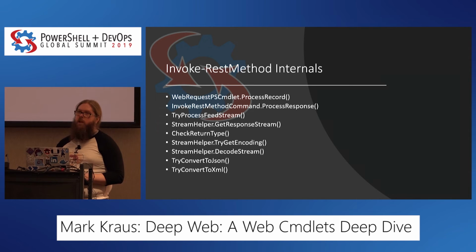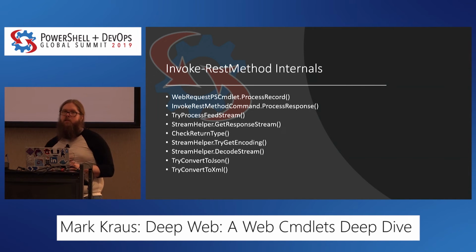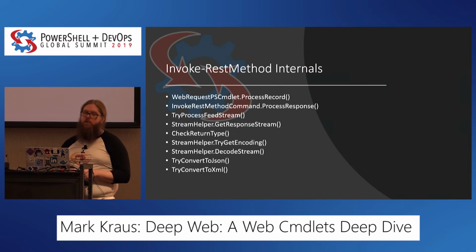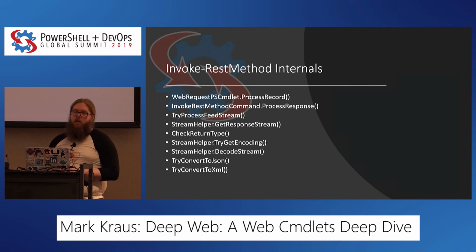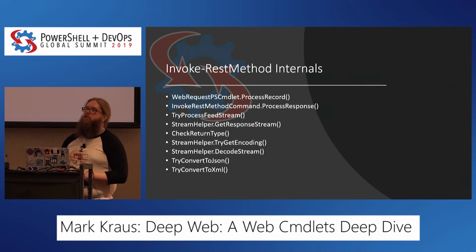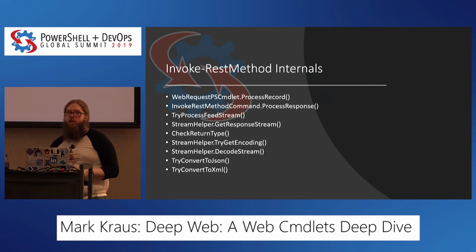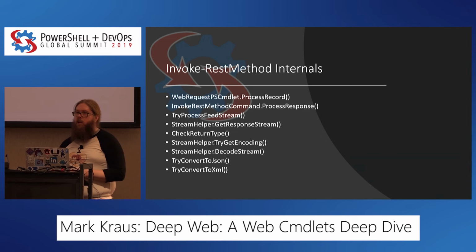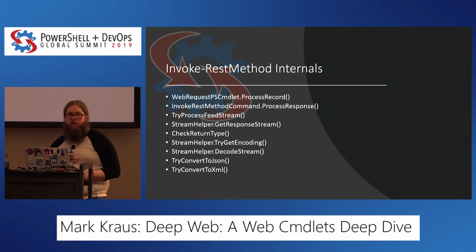It checks the return type to see, did they say that the content of this is application JSON? Maybe I should do that. Then it tries to get the encoding that's on it. Was this UTF-8? Was this one of the 4 million other Asian encodings that are possible? So it checks that and tries to figure out what the string is encoded as.